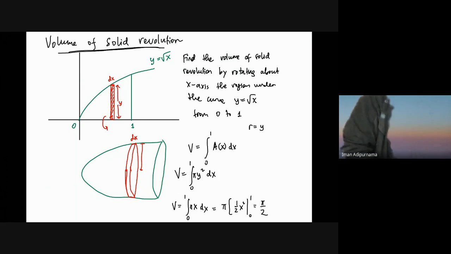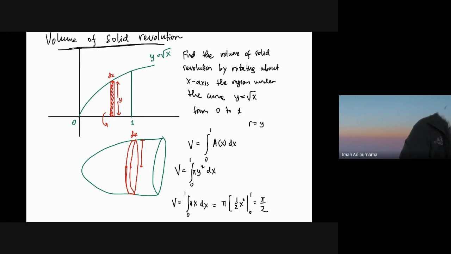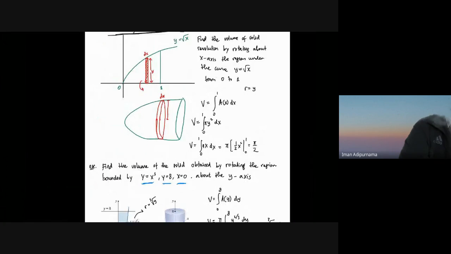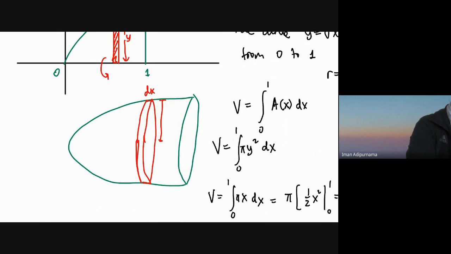Okay, so we are in chapter 6, the volume of solid revolution, and remember that the important point is by looking at this shape, we call this the disk.